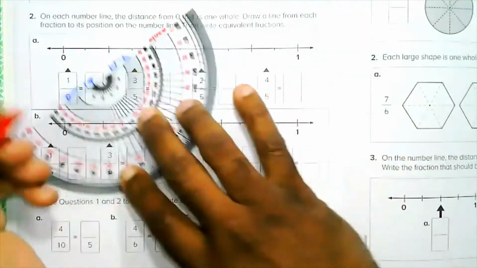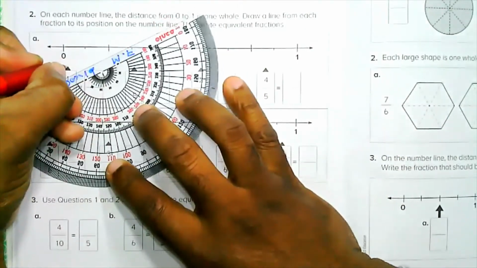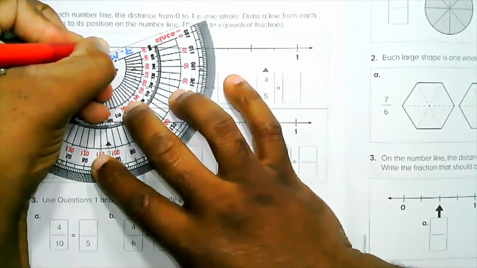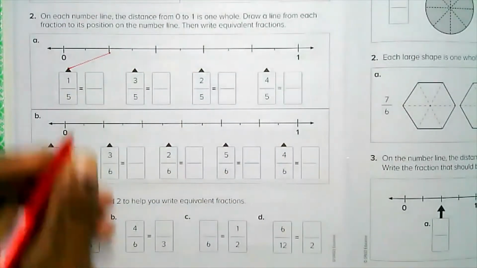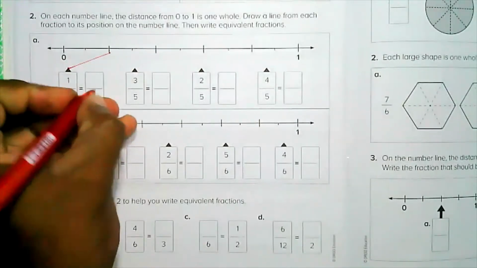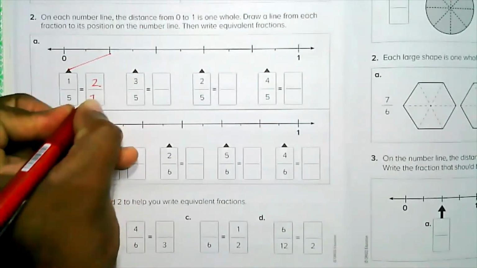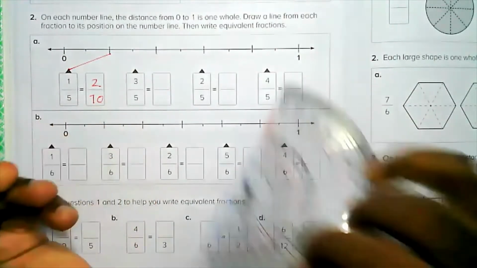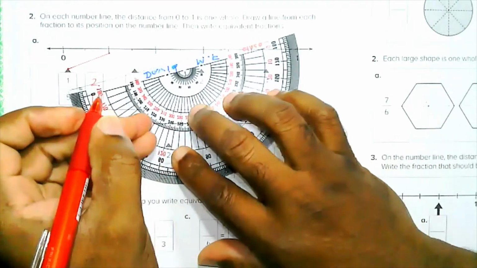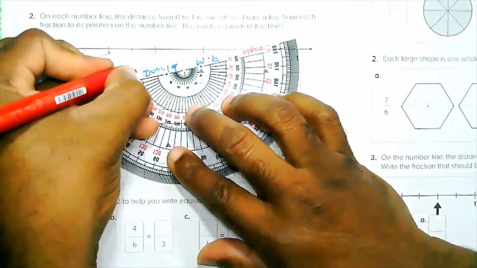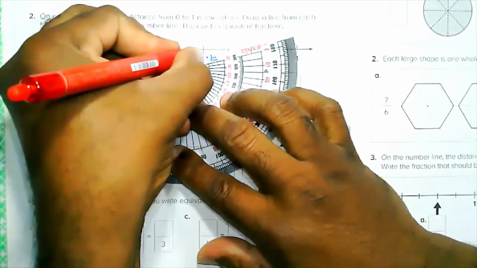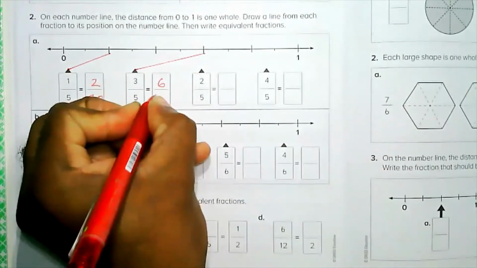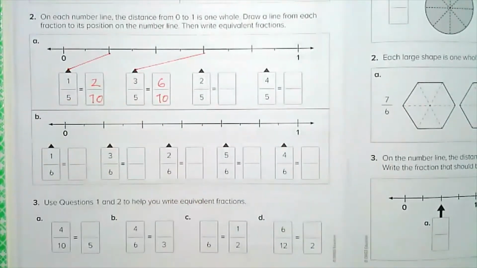So 1/5 will be here, which is equivalent to 2/10. 3/5 will be here. Equivalent to be 6/10.